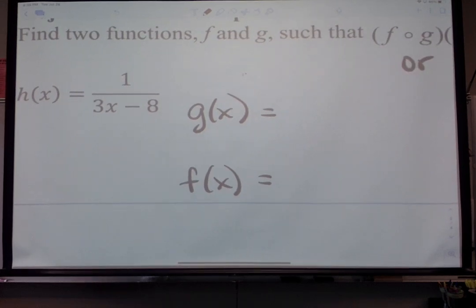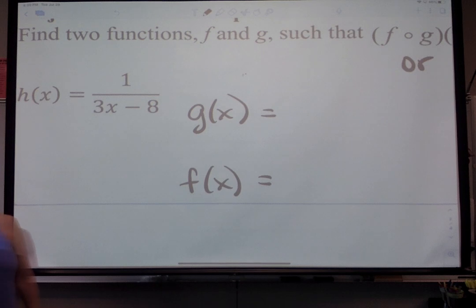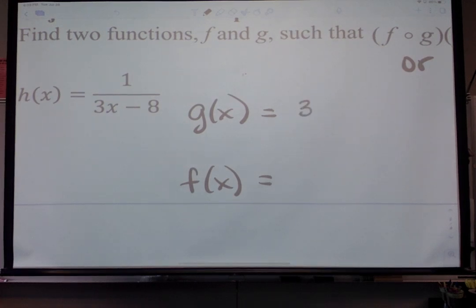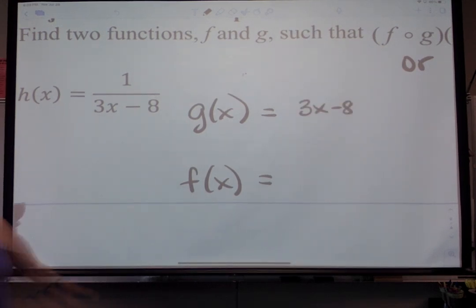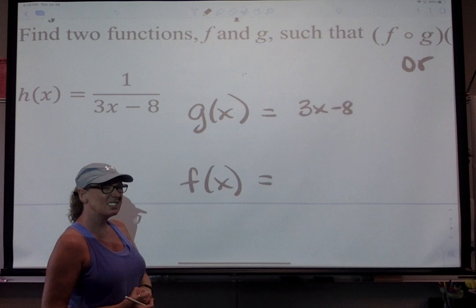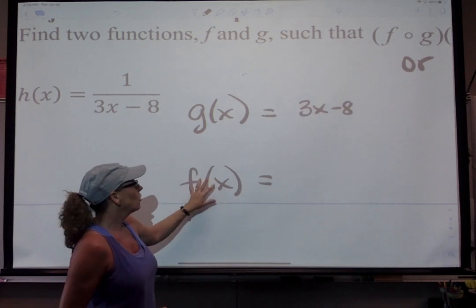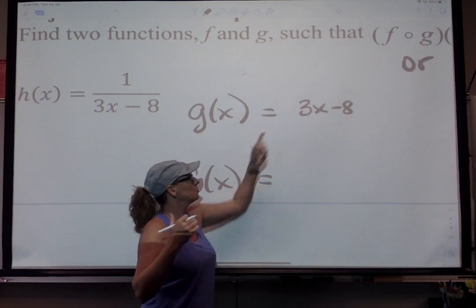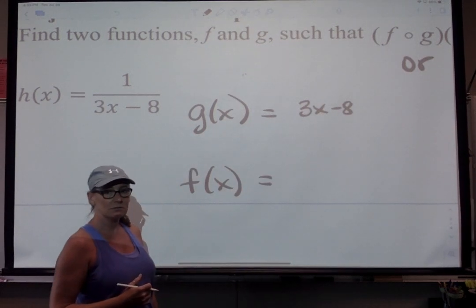Well, I think that maybe g of x could have been 3x minus 8. What would f of x have to be so that you take out the x and you plug in 3x minus 8?